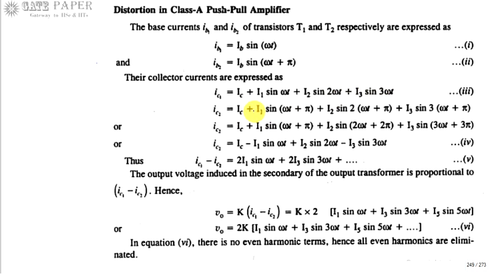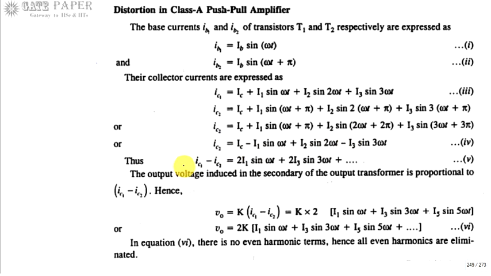IC2 is the same thing: IC plus I1 sin (omega t plus pi), I2 sin (2 omega t plus 2 pi), I3 sin (3 omega t plus 3 pi). Taking the multiplier inside, for the second harmonic it becomes 2 pi, and for the third it becomes 3 pi. 2 pi is the same as 360 degrees, so we can write it as I2 sin 2 omega t, and the third harmonic term becomes minus I3 sin 3 omega t. So in IC2, even harmonics have a positive sign and odd harmonics have a negative sign.